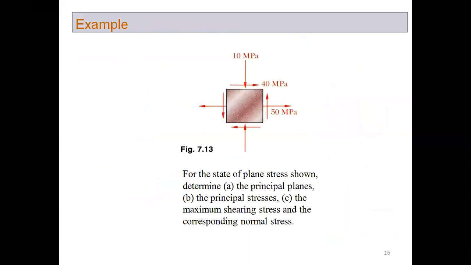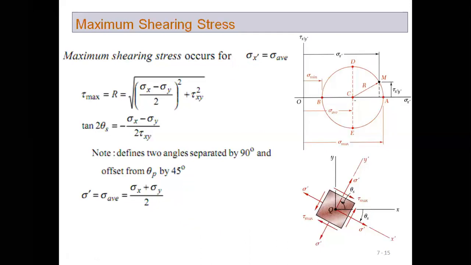Okay, we have developed the analytical models. One more thing which I want to discuss: we discussed that this line represents the x prime axis and this line represents the y prime axis. This would be more clear when we discuss the Mohr circle. If you look here, the actual angle between x prime and y prime is 90 degrees.